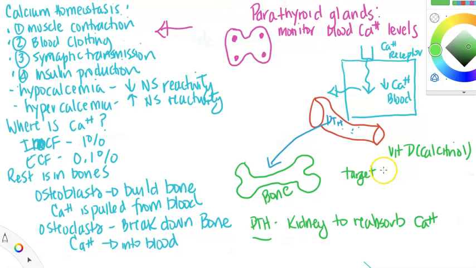It's not really as much like a vitamin. It's lipid soluble. It acts more like a hormone. So it targets the digestive tract to increase absorption of calcium. So PTH has an effect on all of these things.